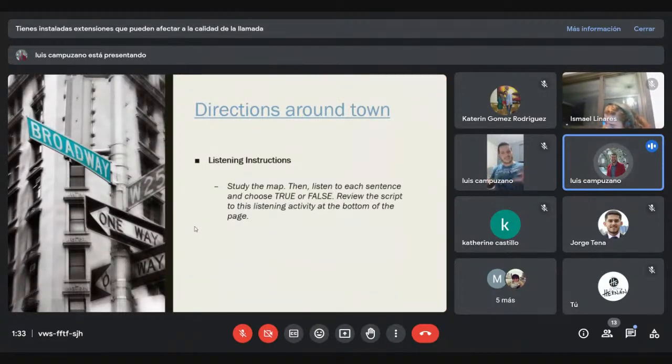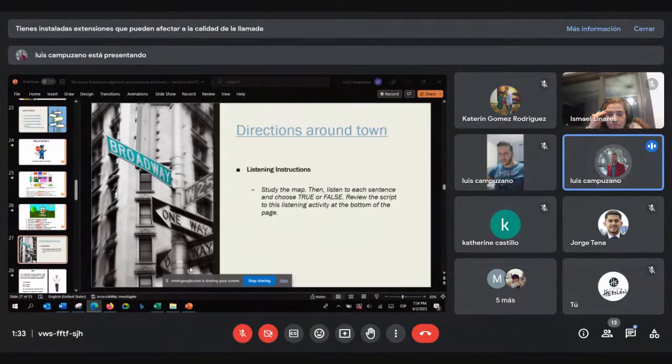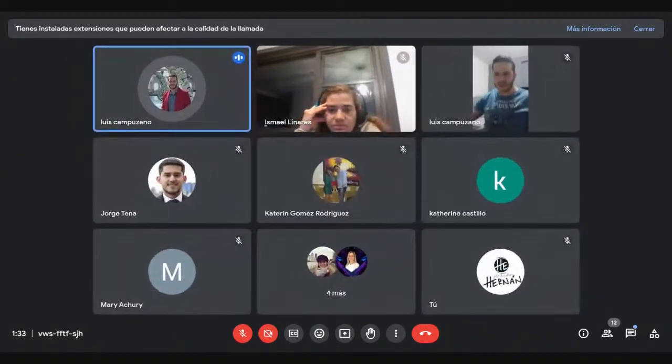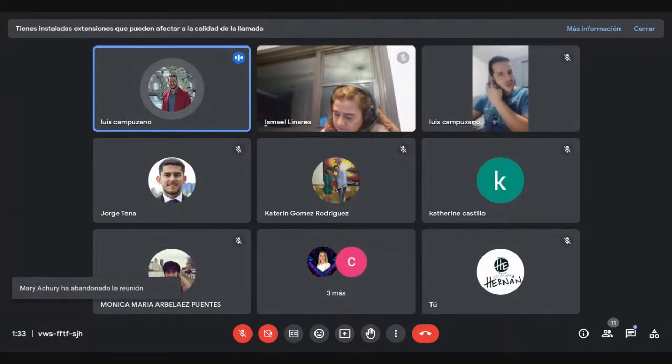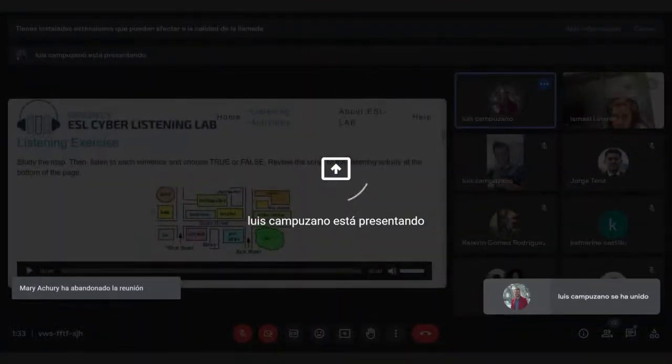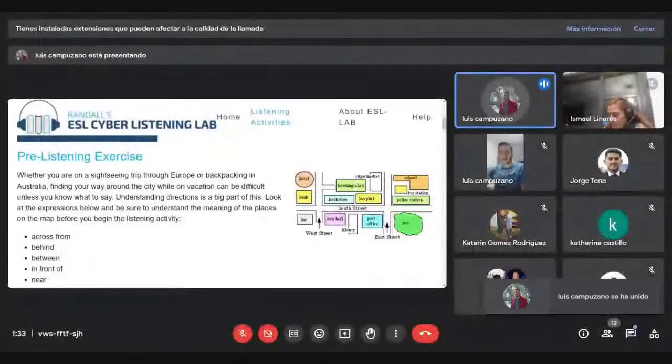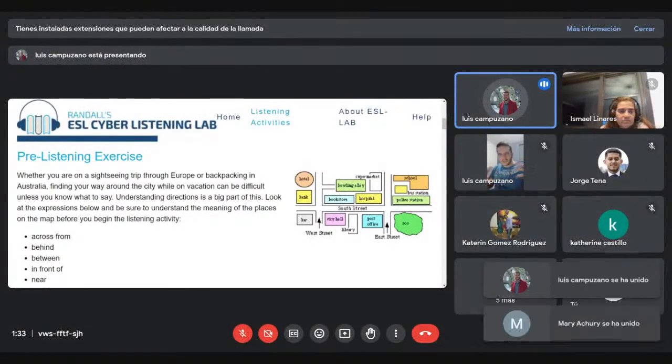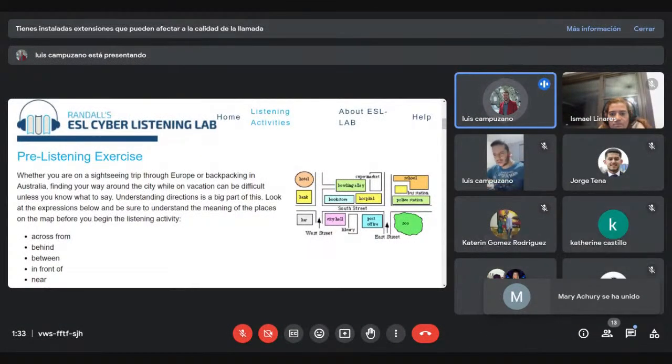Let's continue with the topic of directions. But this time, let's do an activity that has to do with listening, to practice more listening with the vocabulary of directions. First get into the context of what we're going to do.